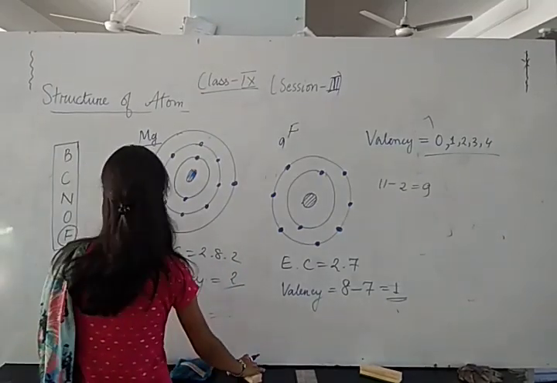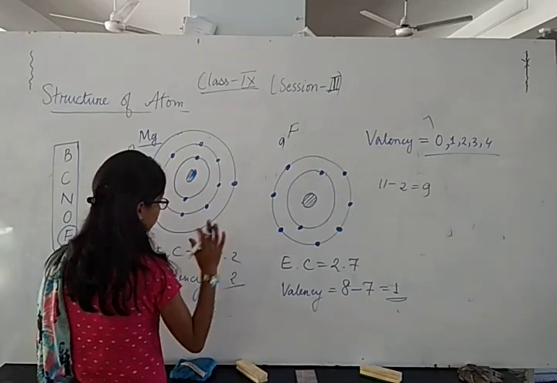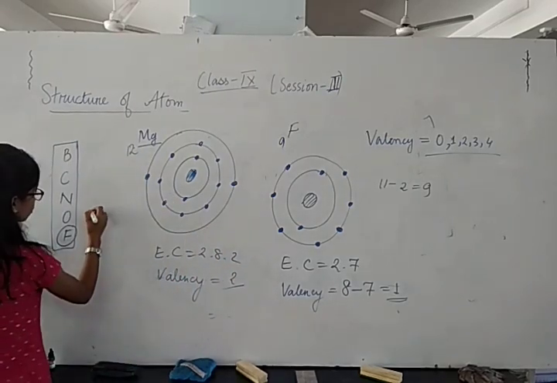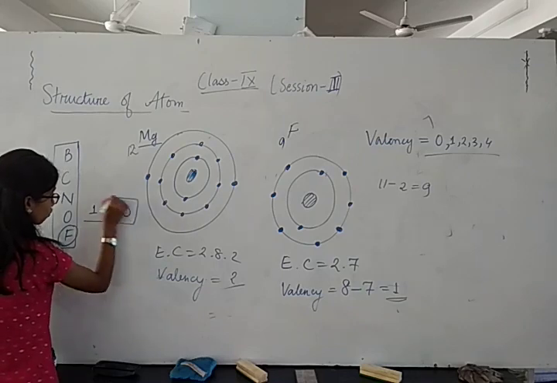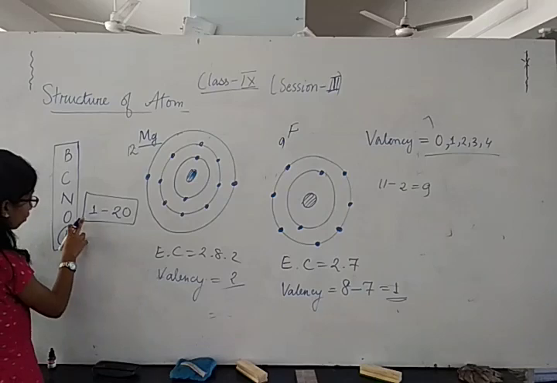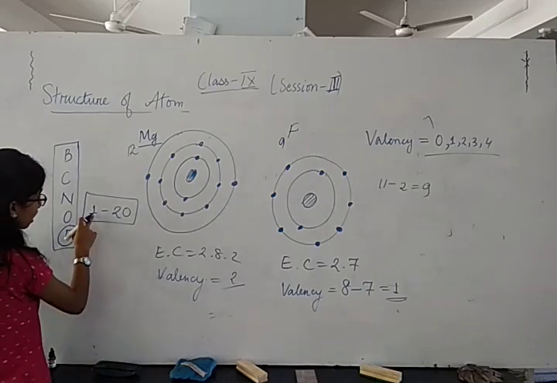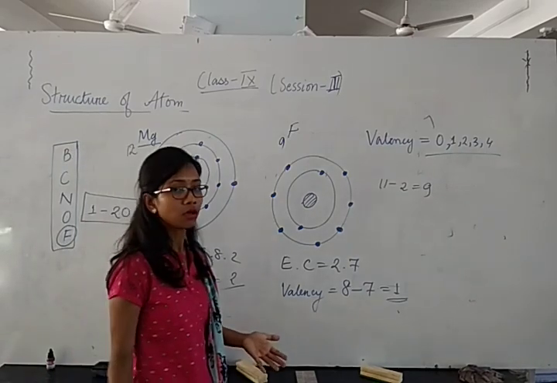Now, students, your whole task is to draw all the structures from atomic number 1 to 20. That is your homework, from hydrogen. I have already discussed some, but you draw it in your pages.